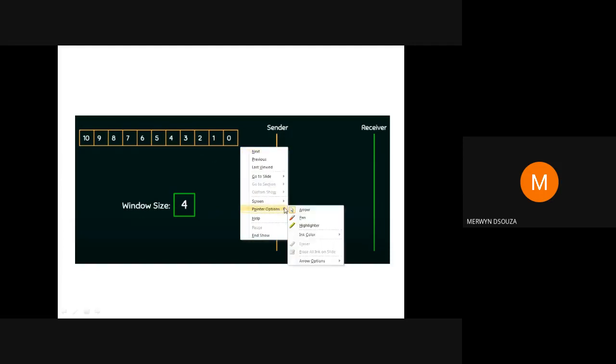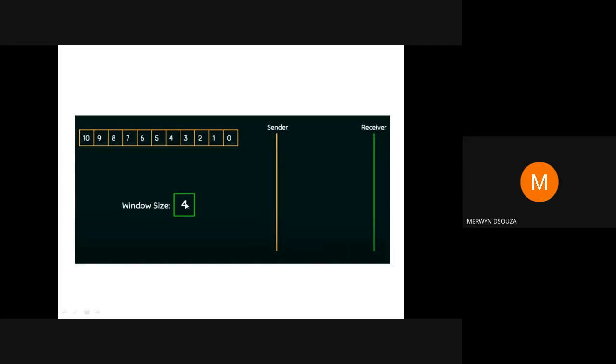Okay, so what it means is the sender normally would have sent one packet. And to confirm that a packet has reached safely, suppose this was packet 0, it would wait for the acknowledgement. Okay, so sending one packet at a time like this would be time consuming and a waste of bandwidth.